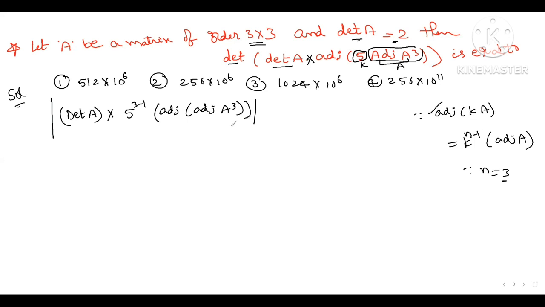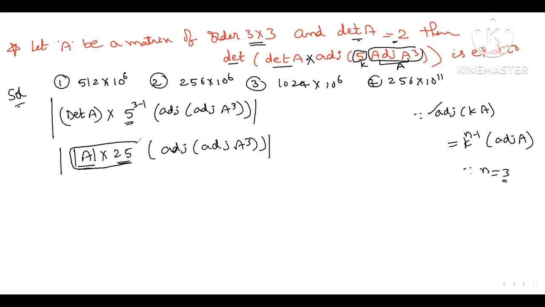According to this formula, k to the power n minus 1, 5 to the power 3 minus 1, into adjoint of A cube. What is this value? 25 into adjoint of A cube. Det A is constant, 25 is also constant, so this total is a constant value.